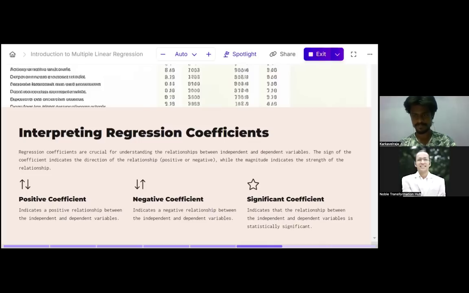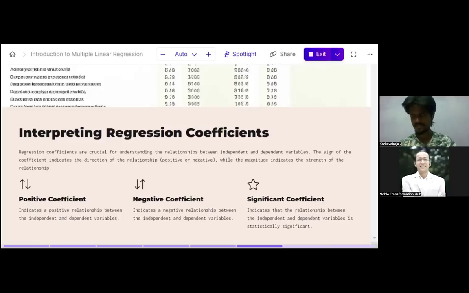That's it. In each model you will see these fundamental concepts, the game between independent and dependent variables. Positive coefficient means positive relationship between them. No rocket science.